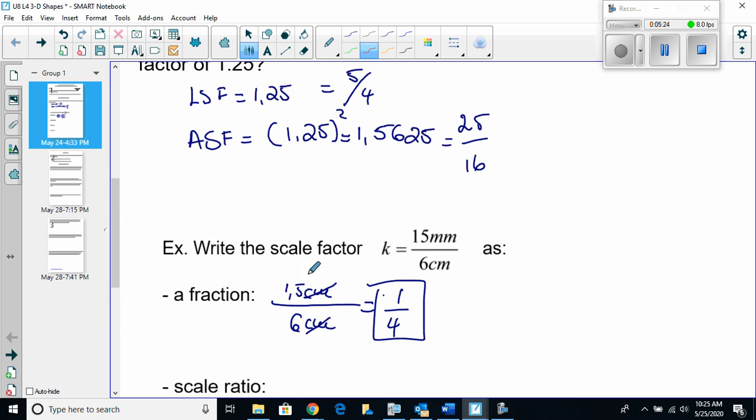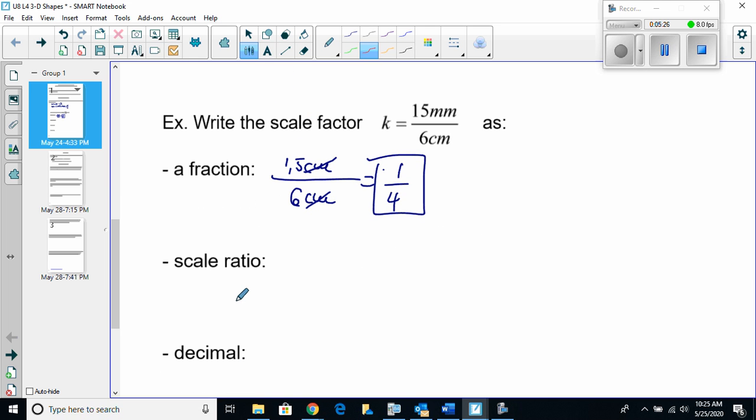Okay, so as a fraction it will be 1/4. As a scale ratio, it is 1 to 4. It's the same thing, a different way of saying 1 centimeter or 1 unit on the drawing will represent 4 centimeters on the original.